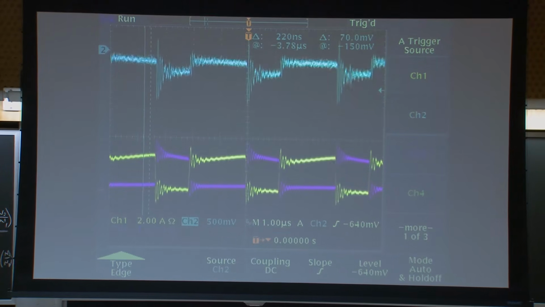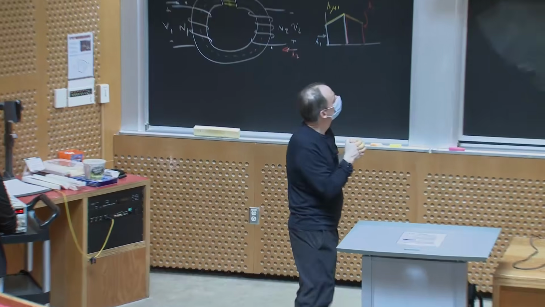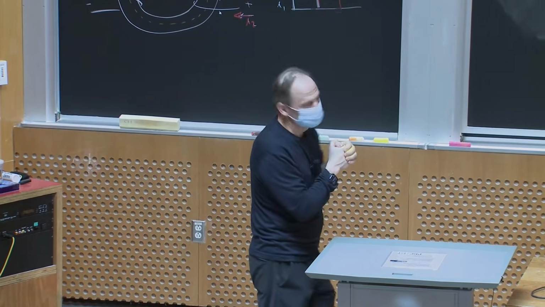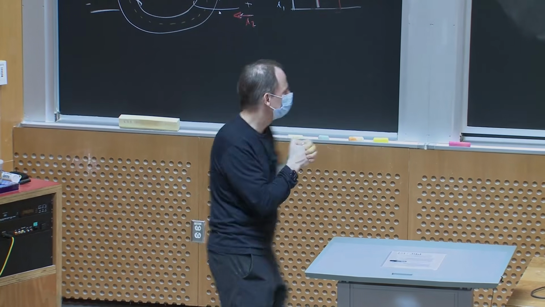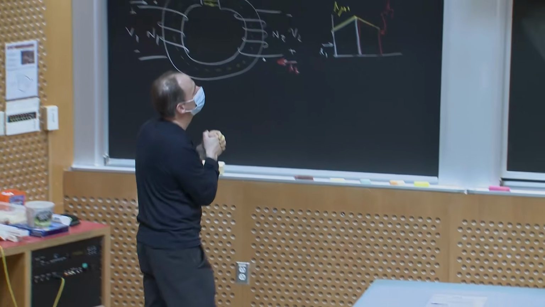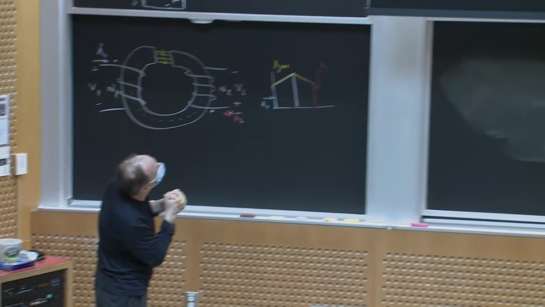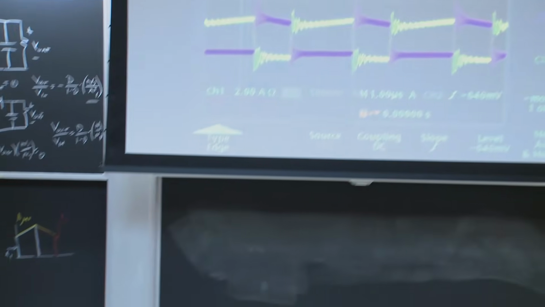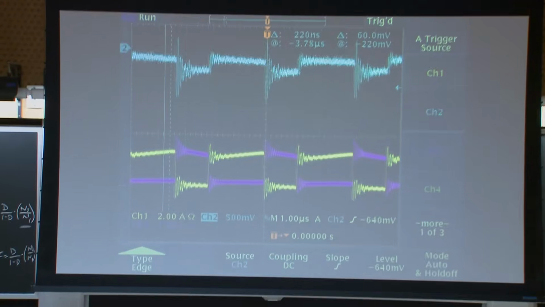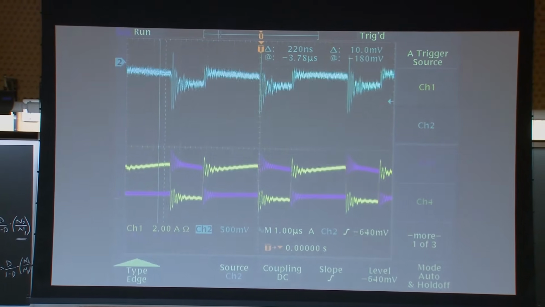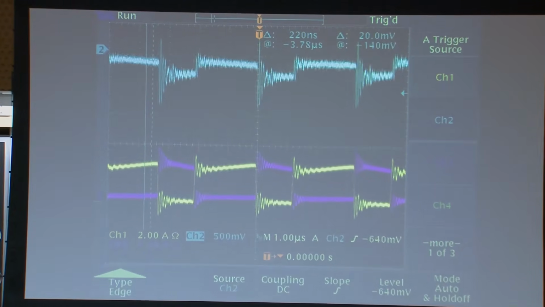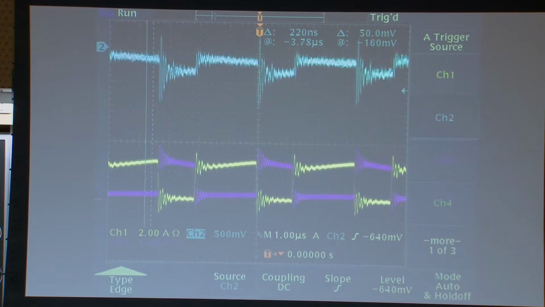Questions? Yeah. What's the blue curve? The blue curve, I don't actually know what the blue curve is. That's the primary voltage. Ah, okay. So one thing you would take away from this, and it's a little bit hard to see, and I think there's some offset going on in here, is that you have a positive and negative voltage.